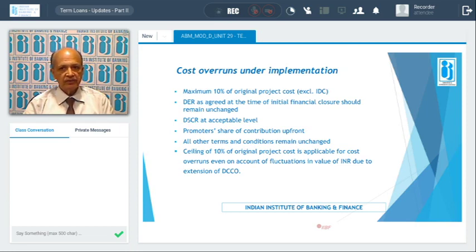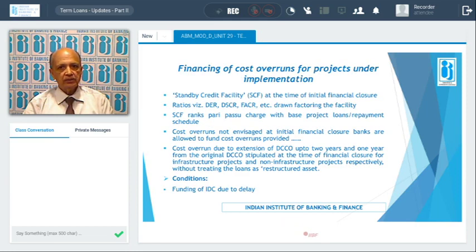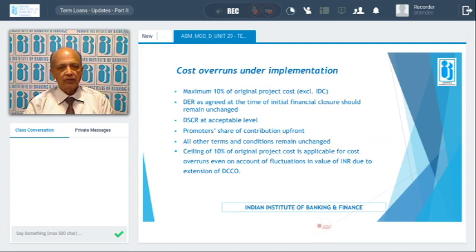We have dealt with the conditions. It should not go beyond 10% of the total original cost.